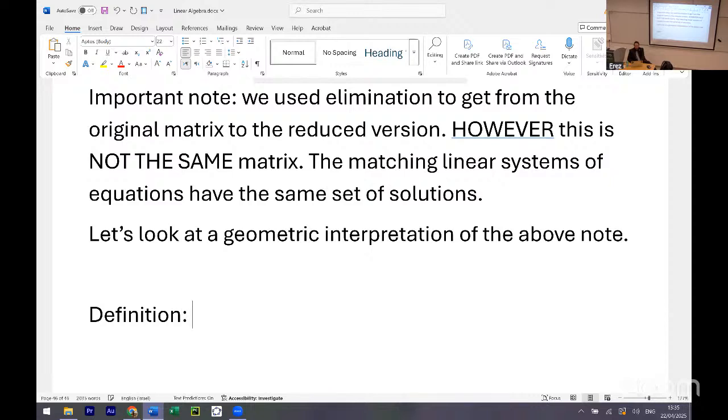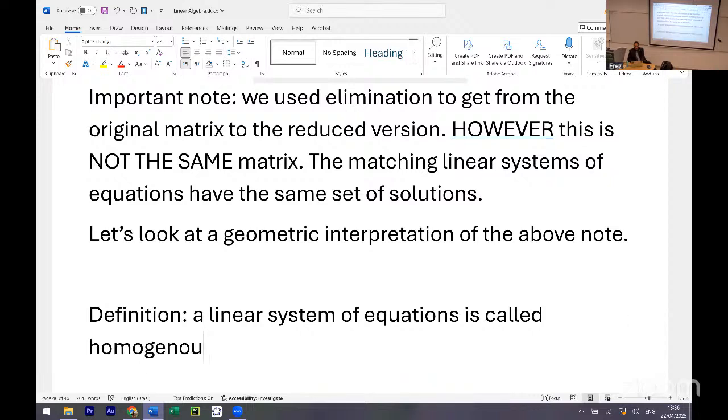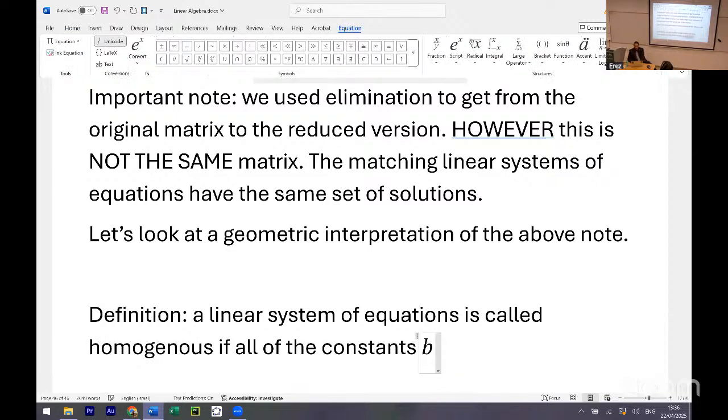Definition: a linear system of equations is called homogeneous if all of the constants b_i are 0.